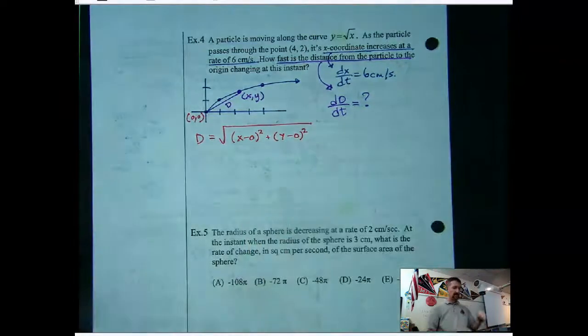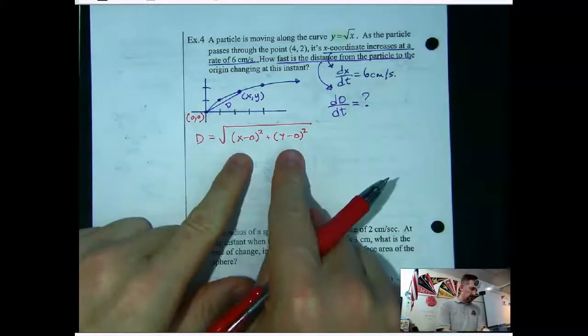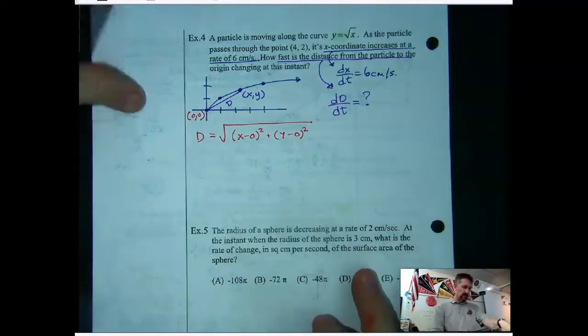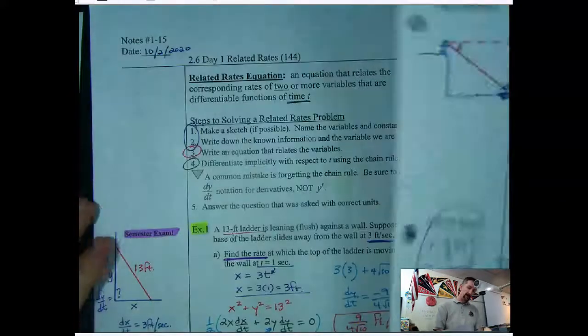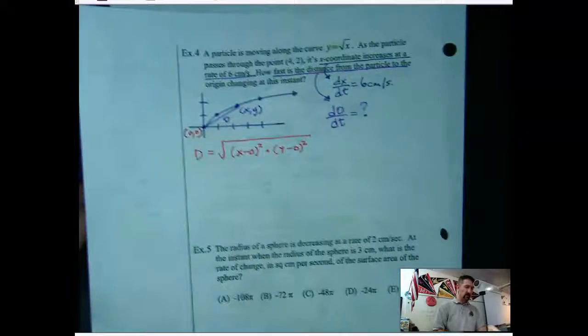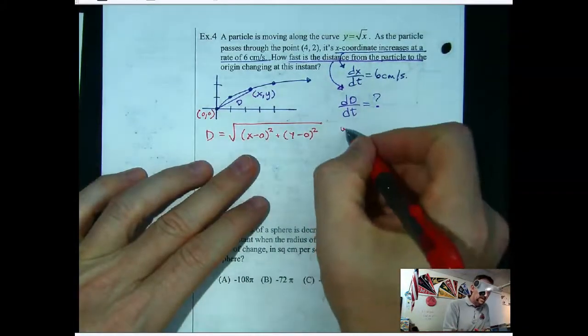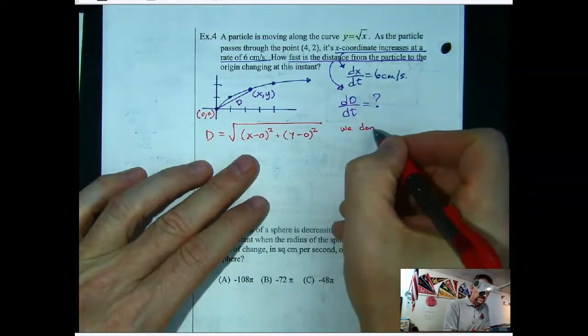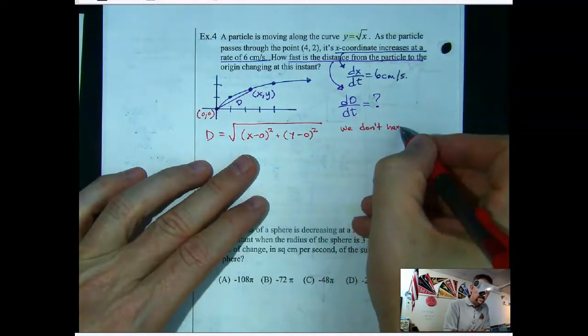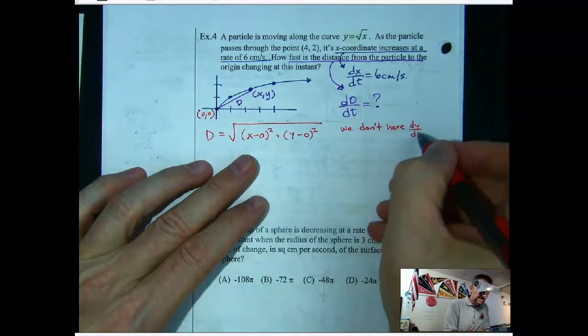Now, at this point, what color did I use on that? I did it in red. So what you should see here is, just like in the last problem, we're missing something. We don't have dy dt.